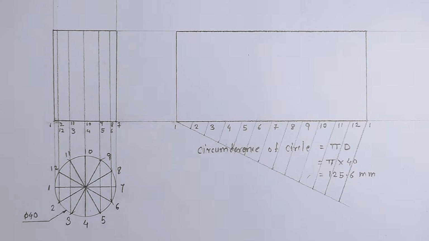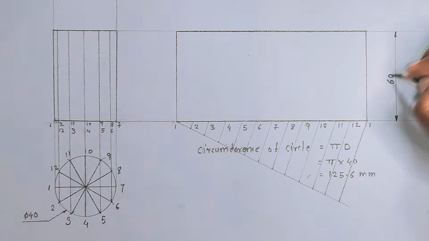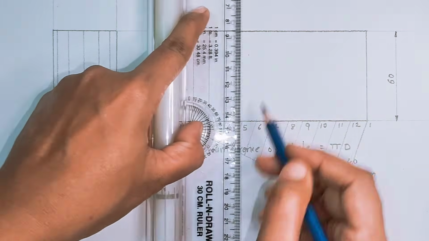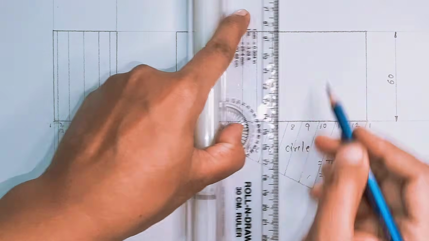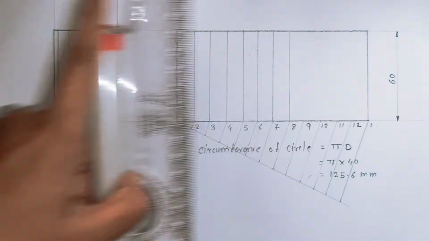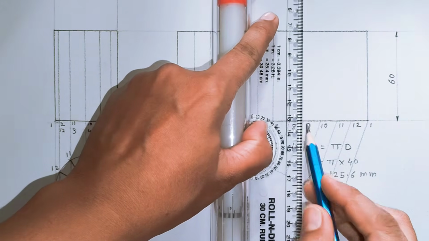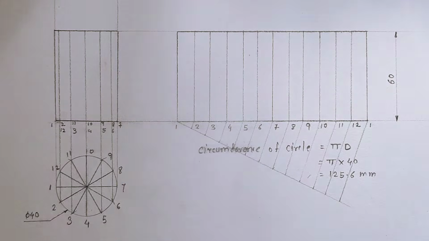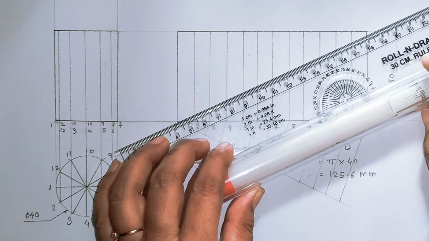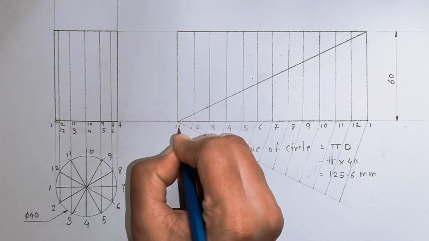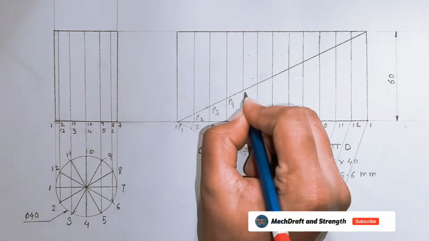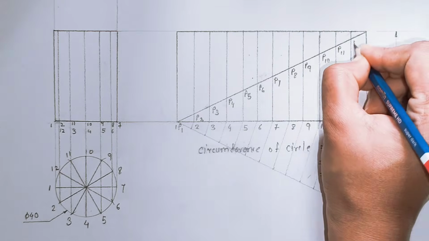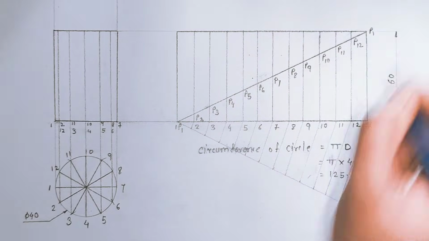Draw one slant line which joins the corners of the rectangle, and that slant line shows how the helix rises as it goes once around the cylinder. Name the points that intersect the vertical lines as P1, P2, P3 up to P12.